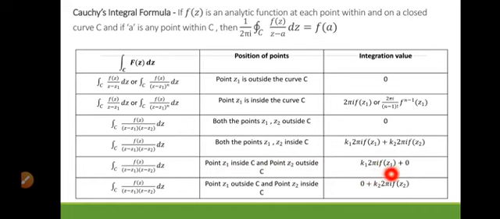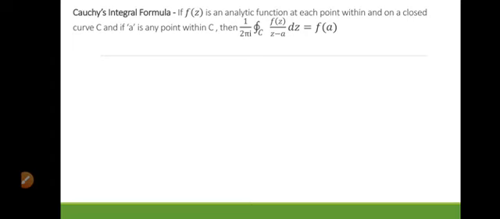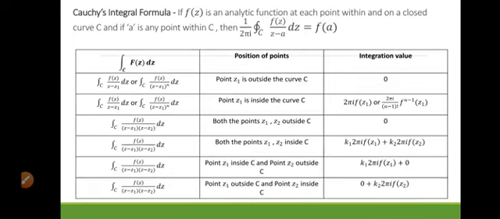So the final integration value is k1 2 pi i f(z1). The last case is the vice versa of this case. Suppose z1 is outside and z2 is inside, then for z1 the integration value is 0 and for z2 the integration value is simply k2 2 pi i f(z2).